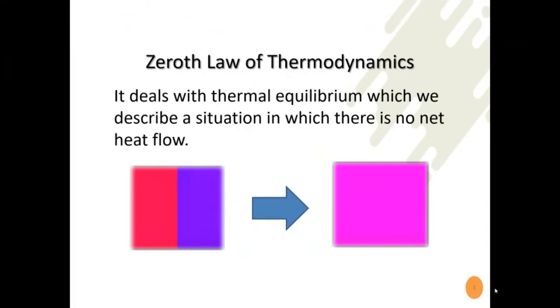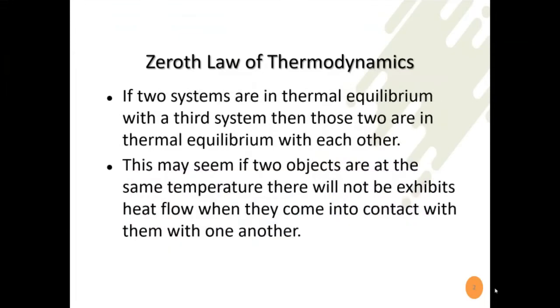So in Zeroth Law, it deals with the thermal equilibrium, which we describe a situation in which there is no net heat flow. So if two systems are in thermal equilibrium with a third system, then those two are in thermal equilibrium with each other, katulad na nakita nyo dito kanina. And then this may seem if two objects are at the same temperature, there will not be heat flow when they come into contact with one another.